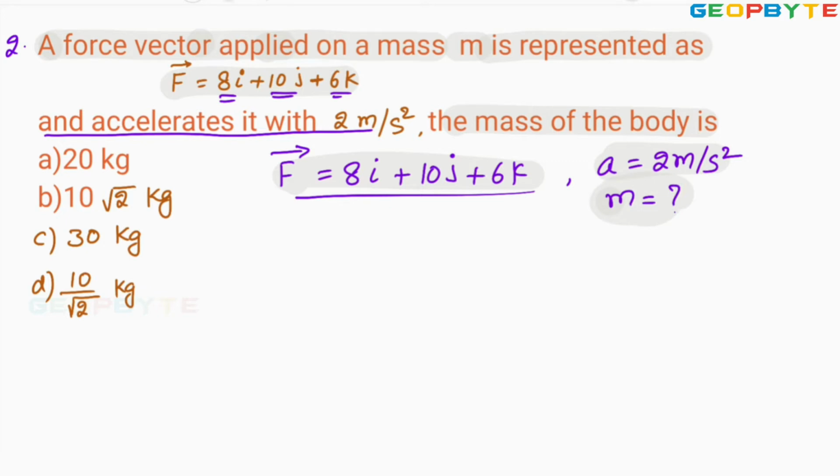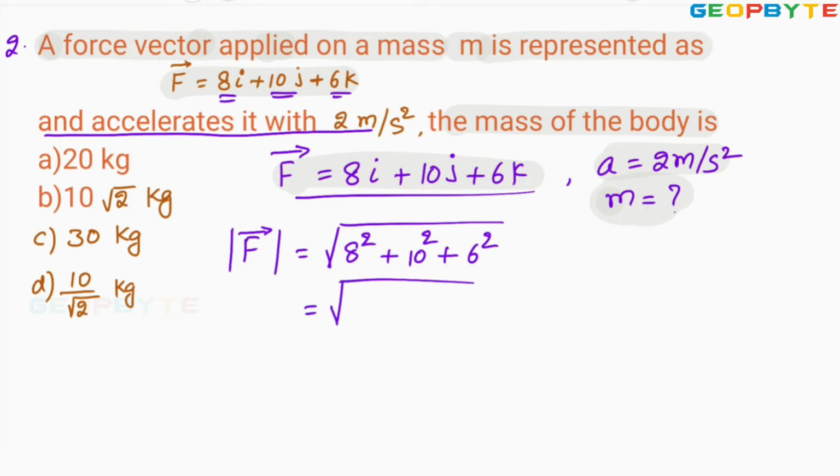First, let us find the resultant force. This is a simple problem. The magnitude of the force is root over 8 square plus 10 square plus 6 square. Simplify this: 8 square is 64, plus 100, plus 36.